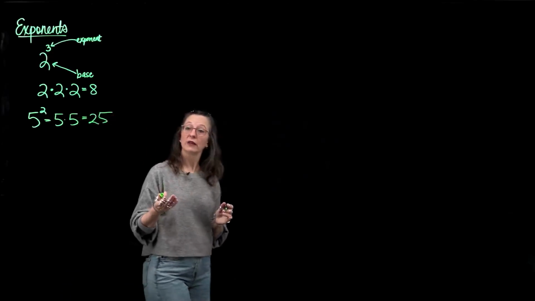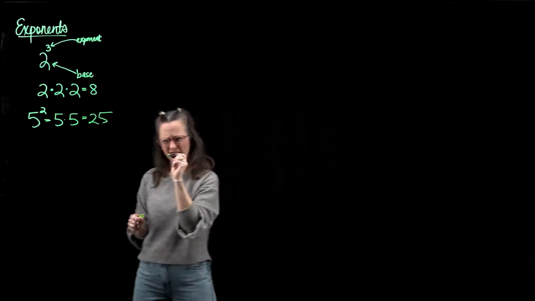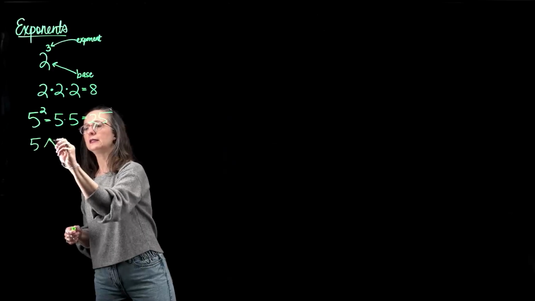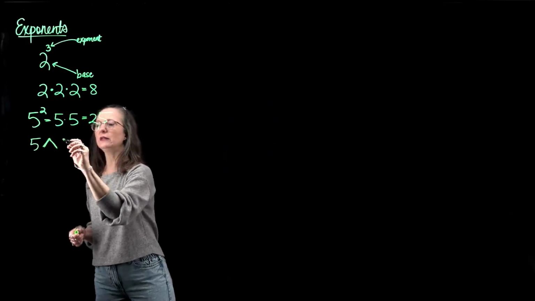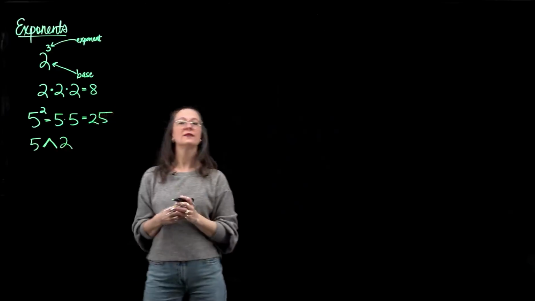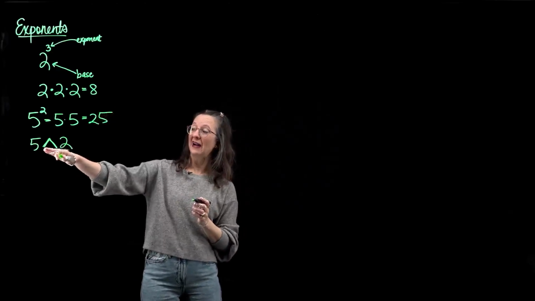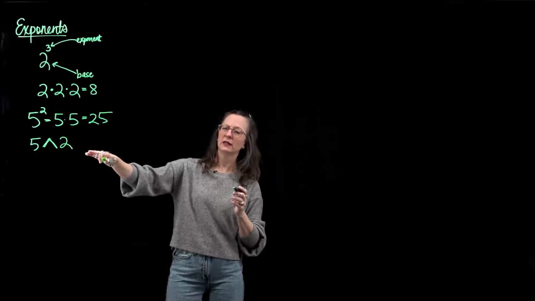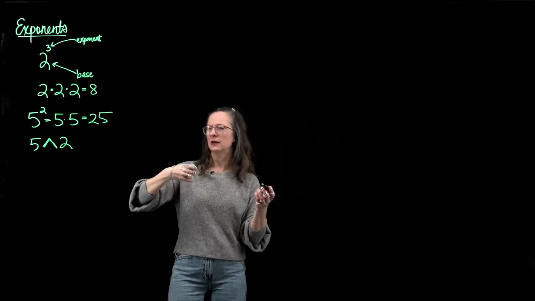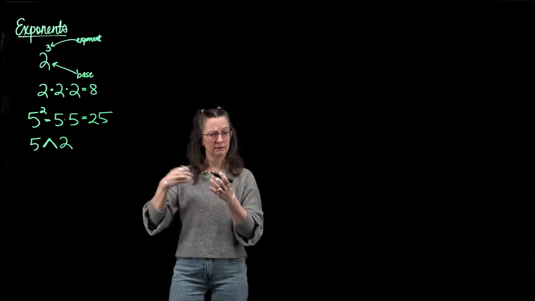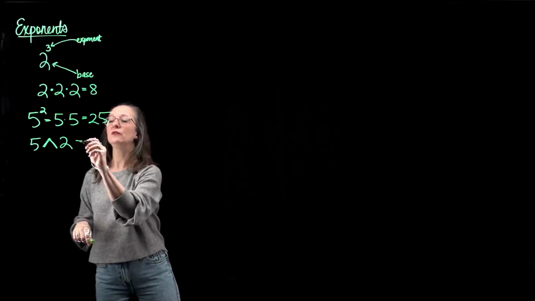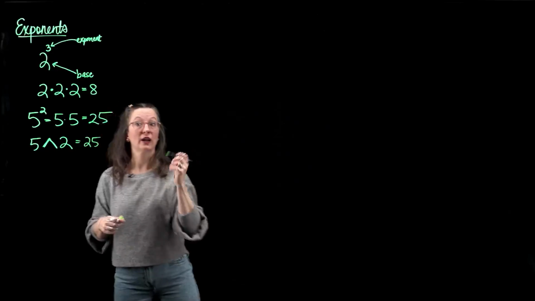Now, on your calculator, you will see a button called the caret button, but you might see it as just a little triangle-y thing. And so 5 squared would be written as 5 caret 2. It's not like carrot like Bugs Bunny eats. It's caret more like a diamond measurement. And this would give you 25 on your calculator.